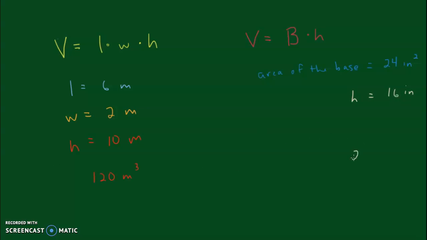Well, let's figure that out. 24 times 16. 4 times 6 is 24, plus 2 is 26... We're going to multiply by the tens place. So 2 times 1 is 2. We add that together, we get 384. So if we took the area of the base, multiplied it by the height, that would give us 384 inches cubed, or cubic inches.